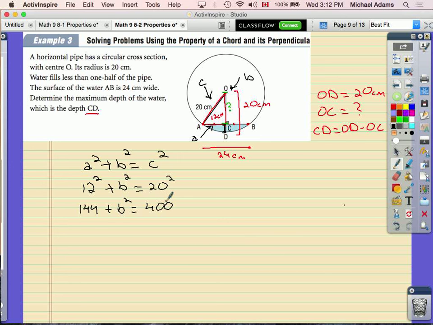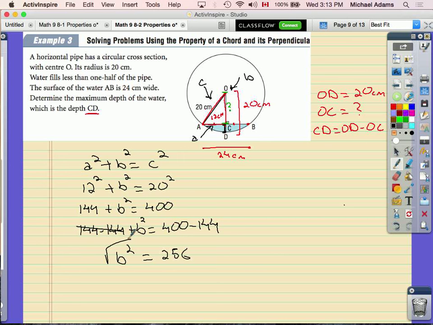Now all I have to do is get rid of 144 on one side. Just simple algebra: what I do to one side, I do to the other. So 400 minus 144, these cancel out, leaves me with B squared. 400 minus 144 gives me 256.